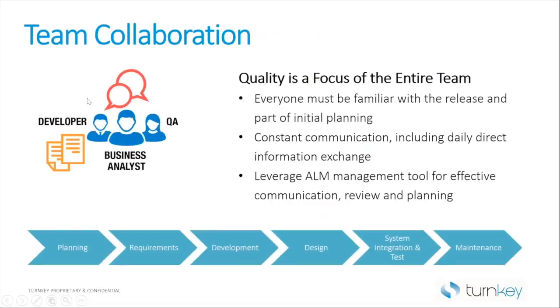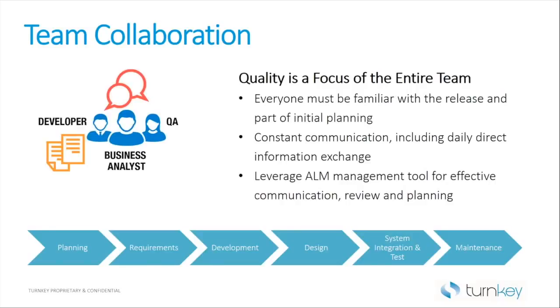So in order to effectively implement DevOps as part of this process, or modify that process to include DevOps, quality has to be a focus of the entire team. It's no longer the QA team's sole responsibility at the end of a process, but rather, as we mentioned, it's integrated in. So it includes a developer, includes the BAs, and includes, of course, the QA team, which doesn't go away.